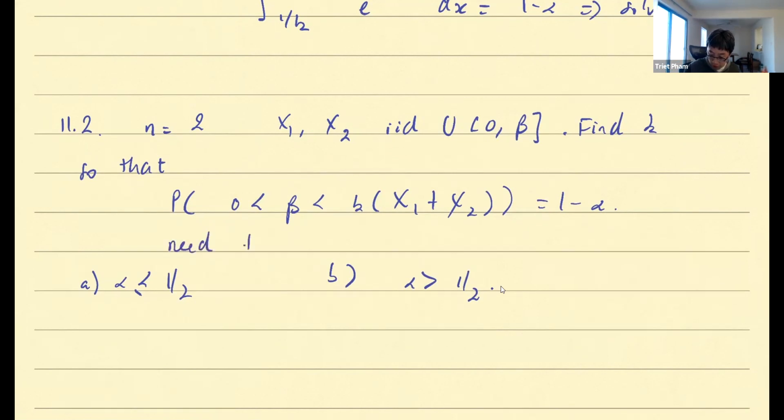Obviously, you need the distribution of X1 plus X2. Okay. Now, does anyone know what that is?